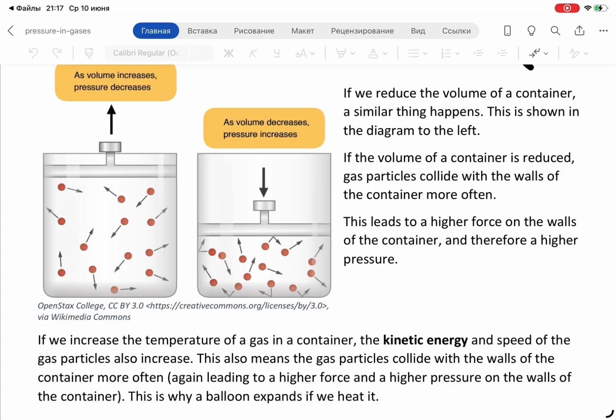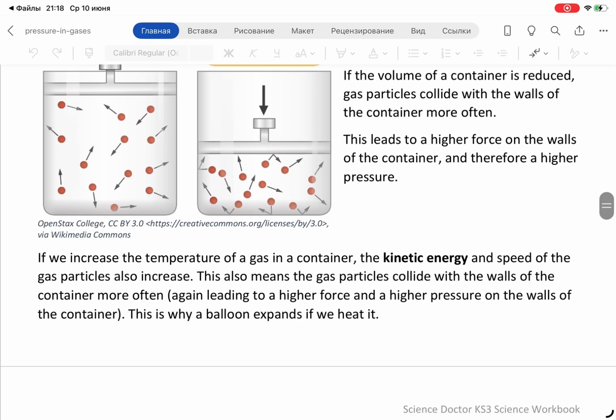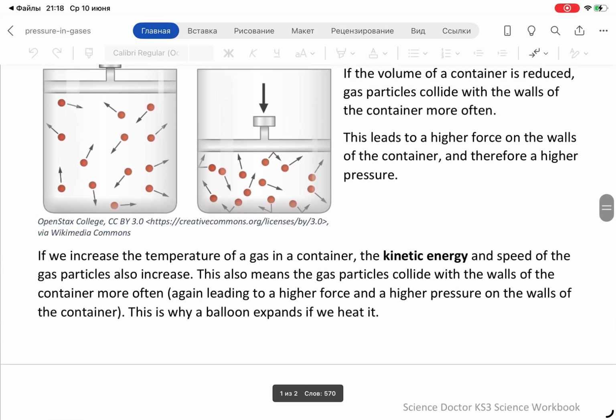If we increase the temperature of the gas in the container, the kinetic energy and the speed of the gas particles also increase, which leads to more collisions with the walls and a greater force of collision, and in the end we get an increase in the pressure of the gas.